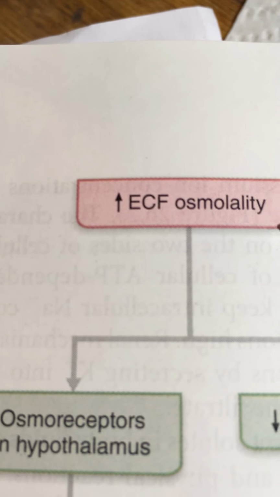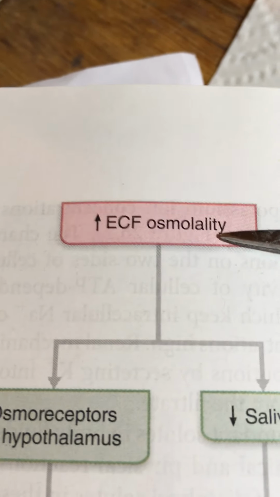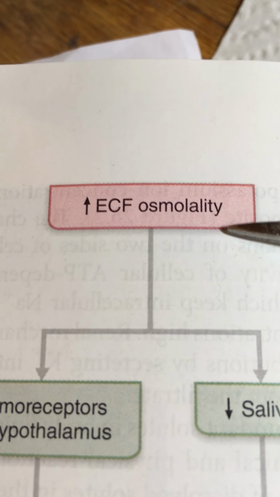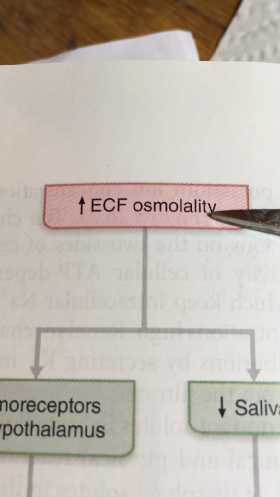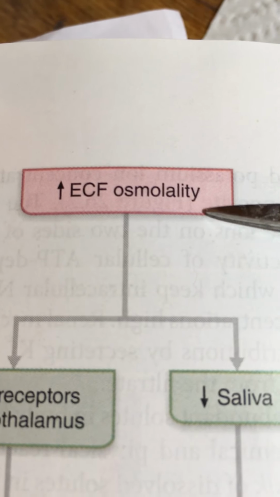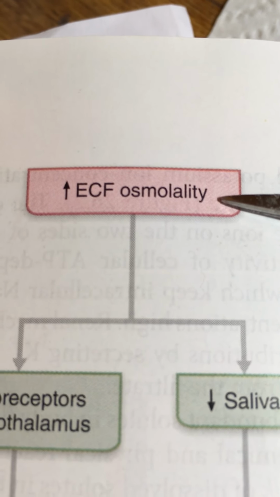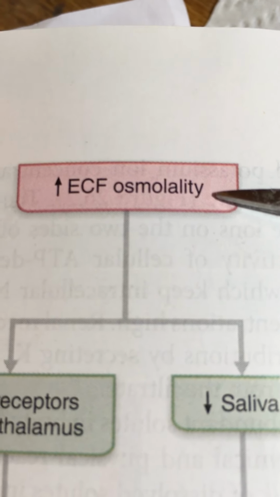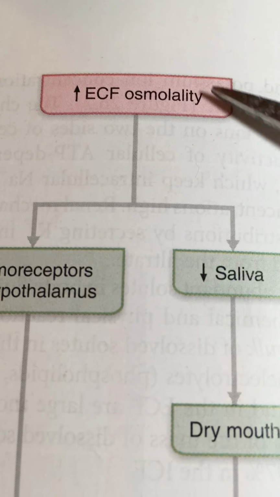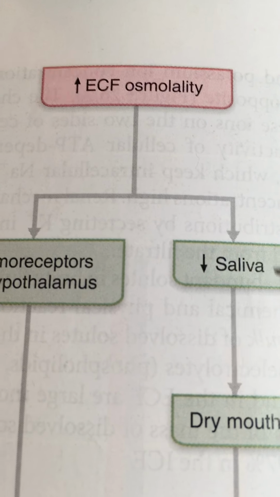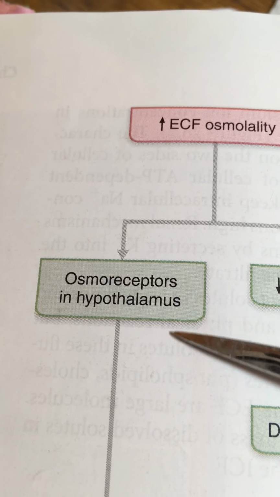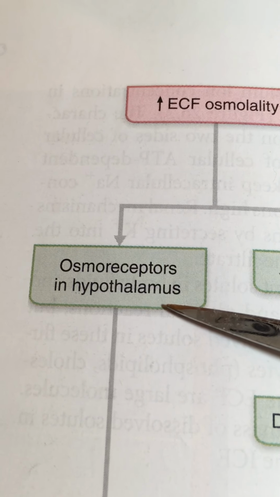Okay, so an increase in osmolality means that something is becoming more tonic, right? So if you store your vegetables in water, they stay nice and firm and crisp. If you store them in some sort of very salty salad dressing, they're going to go limp on you fairly soon. Okay, so basically this increased osmolality or dry mouth could be a decrease in saliva, at least in comparison to the amount of water available to produce saliva.